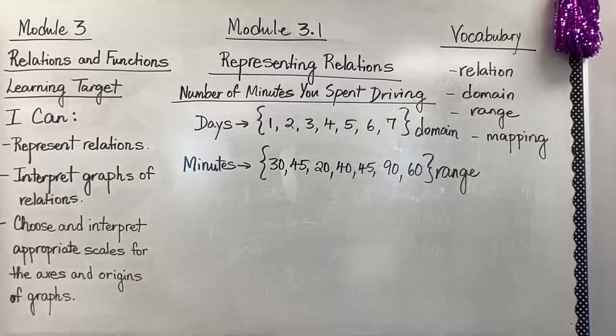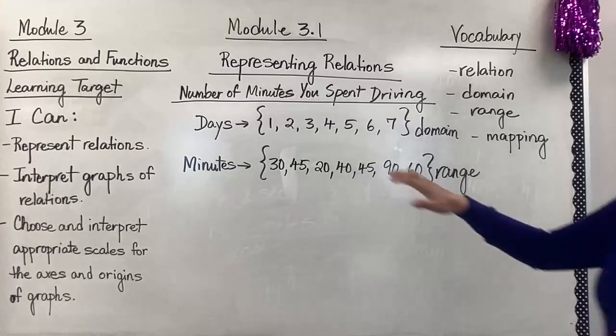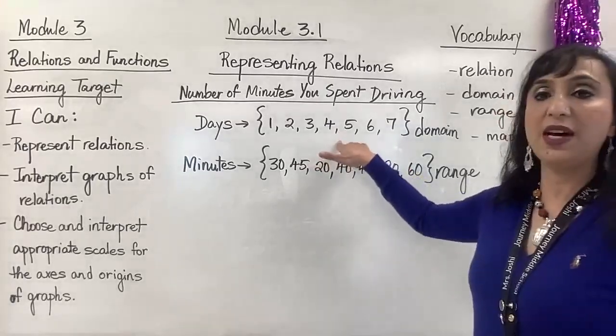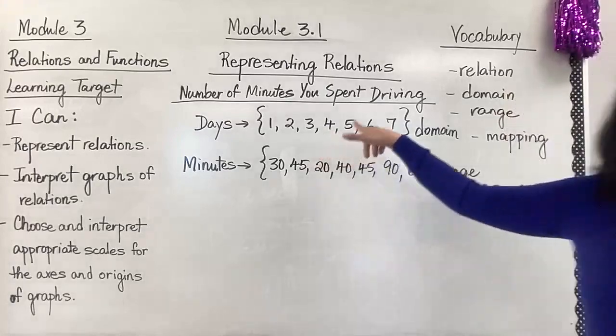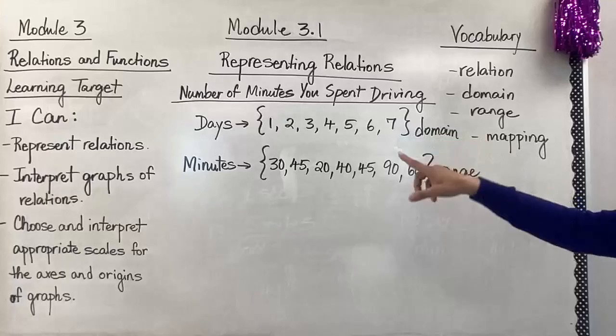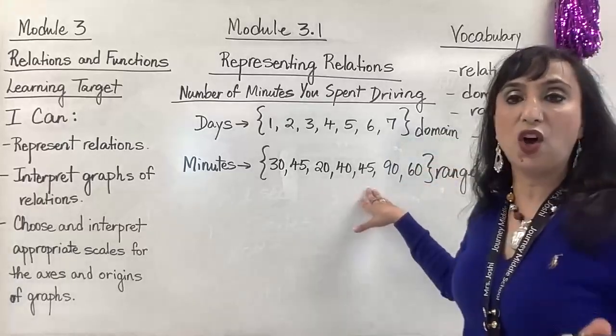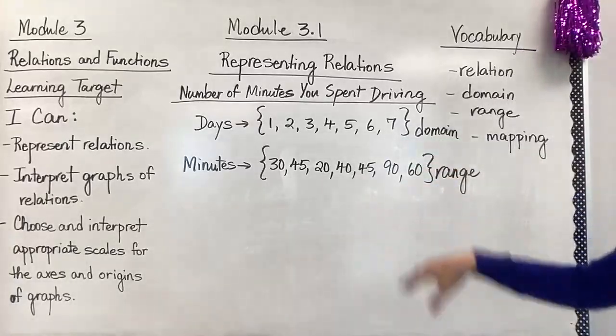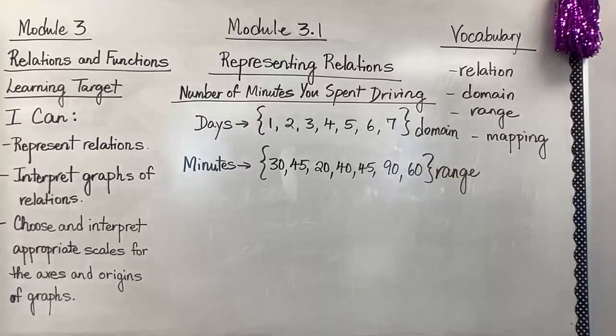The set of the first numbers of the ordered pairs in a relationship is called the domain, and the set of second numbers of the ordered pairs is called the range. A relation can be represented in multiple ways.